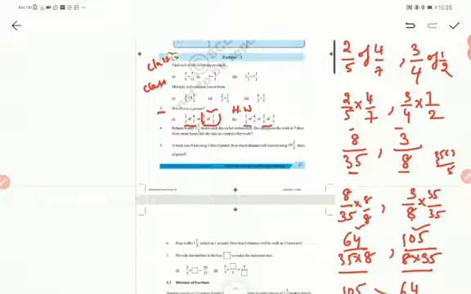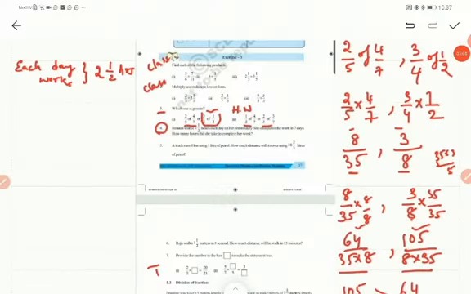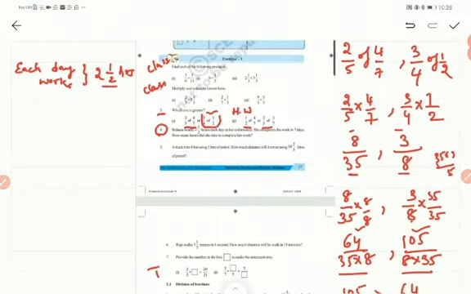Okay, now let me take the fourth problem in today's class. It's given Rehana works each day 2.5 hours. Okay, and she has completed her whole total work in 7 days. So they're asking how many hours did she take to complete the work.